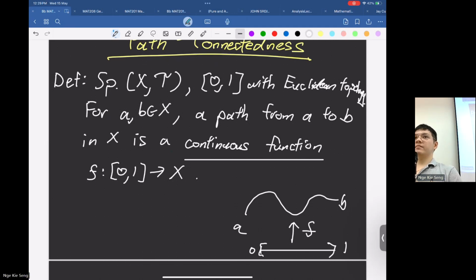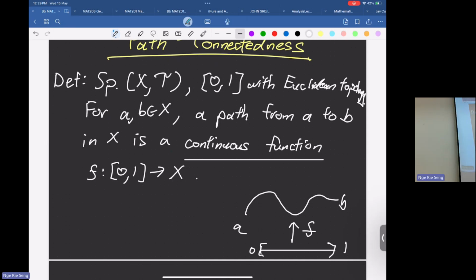Although in your mind maybe a path is just some walkway like that, the definition here is this function f from this interval to X. You might imagine this line is straight, this line is a bit bending. How to map? You need to tell me which point goes to which point, and then you need to do it continuously.